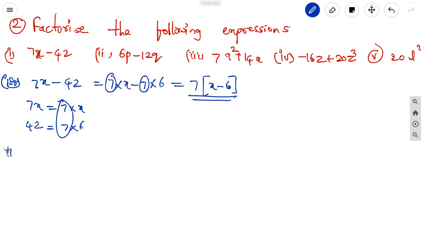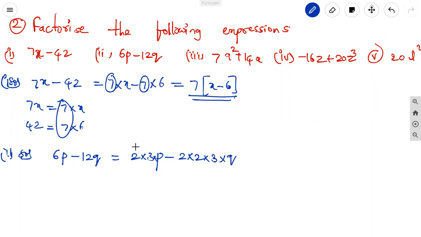Next, second solution. 6p minus 12q. 6 can be written as 2 into 3 into p. 12 can be written as 2 into 2 into 3 into q.